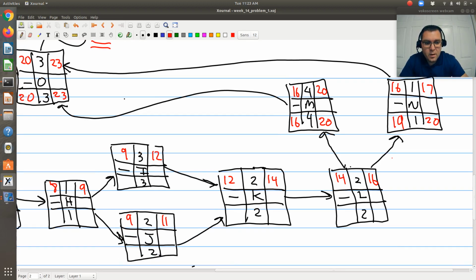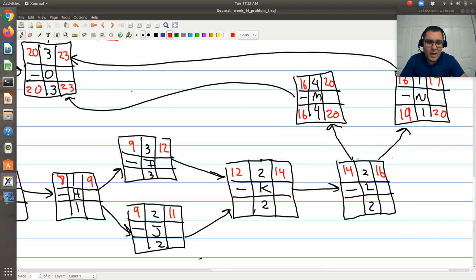All right, now we look at L. We're going backwards. M and N both have a precedence of L, so L needs to be completed before M and N can both begin. M needs to begin by day 16, and N needs to begin by day 19.